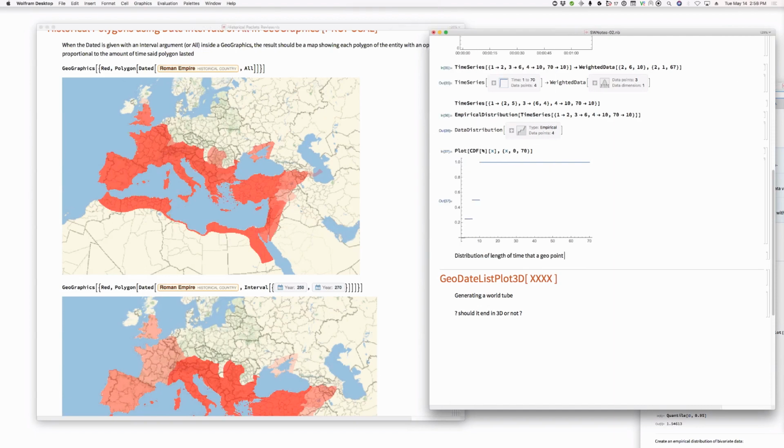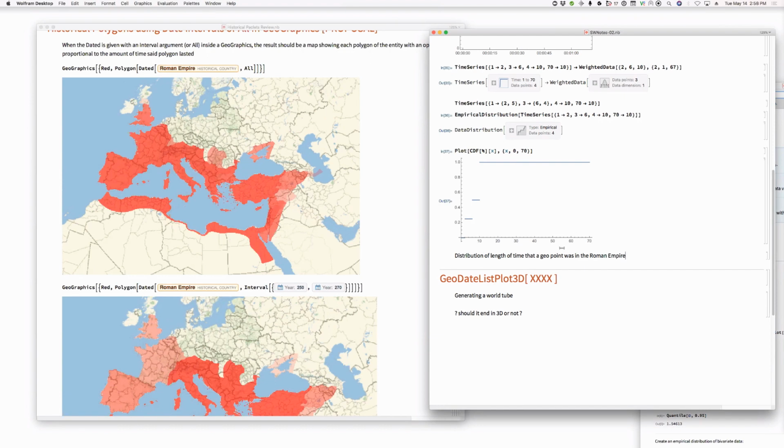Am I correct? Right, that's the analog here, yes? Is that correct, or am I missing something? That's the analog of this case. That's giving me the empirical distribution of the values in this time series, weighted by how long that value was maintained.